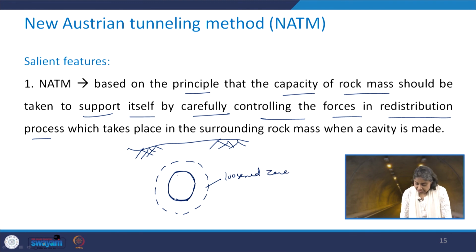The question is, if I provide, let us say, a support system, say the shotcrete layer plus maybe the systematic rock bolting. Of course, it has to go beyond this.